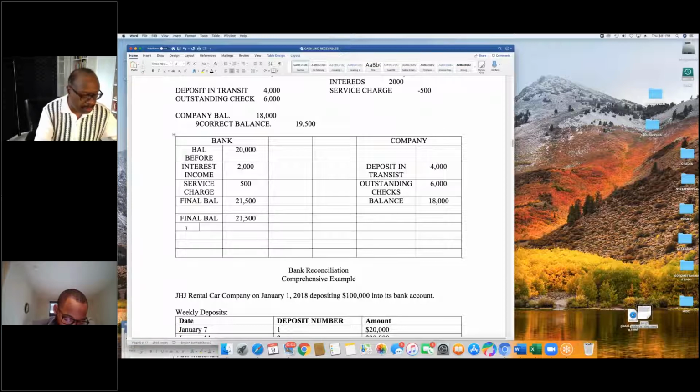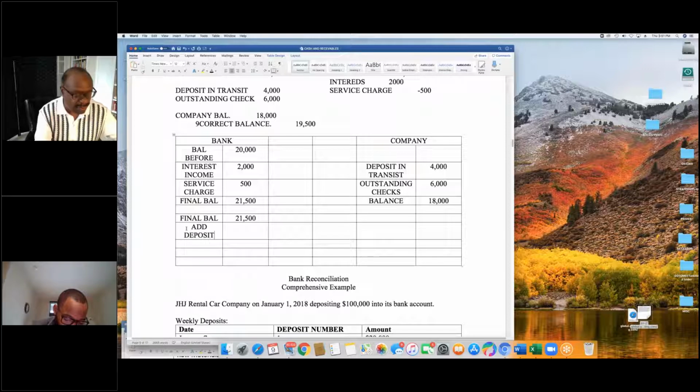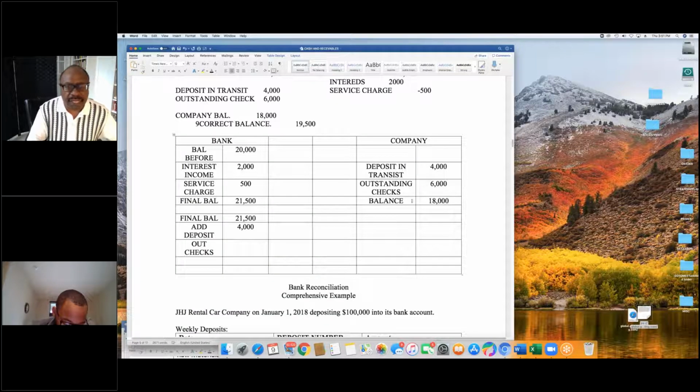It is going to add the deposit in transit. So a key thing is when we're doing this reconciliation, the bank has to go over here and get these items that it doesn't have. So that's going to be 4,000. Then it's going to get the outstanding checks. It's going to take those outstanding checks, which is $6,000, and it's going to subtract those.